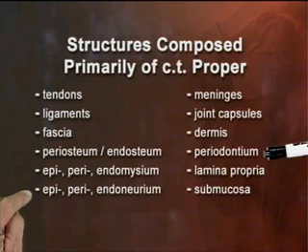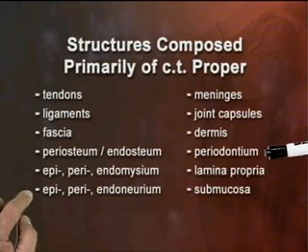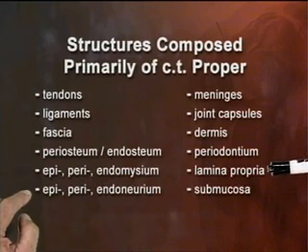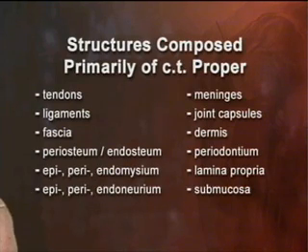Periodontium, which is the connective tissue that kind of glues the roots of teeth into the bony alveoli which support them. Lamina propria and submucosa down here are connective tissue layers within the intestinal wall. So these are structures in the body that are composed primarily of connective tissue proper.